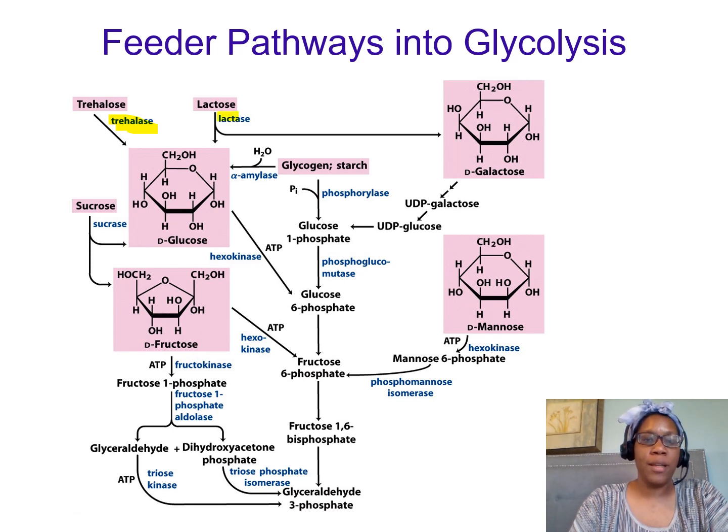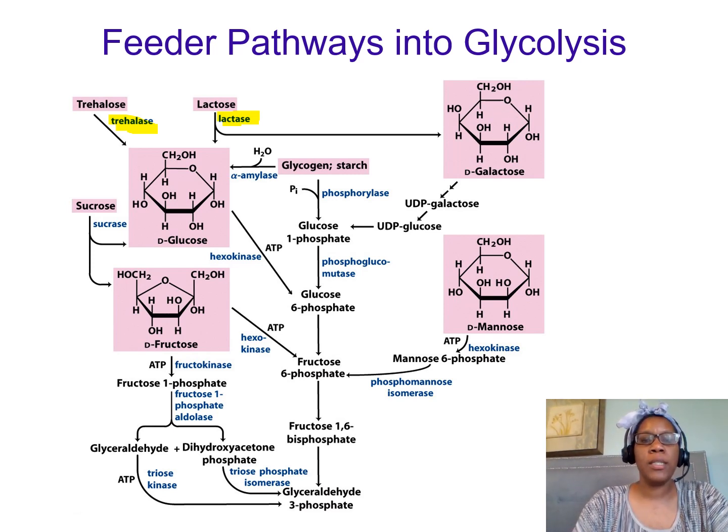So it's a disaccharide. So first we've got to break that disaccharide bond. And it is a disaccharide of glucose and galactose. Glucose is great. It's the first step in glycolysis. But then we also have galactose.